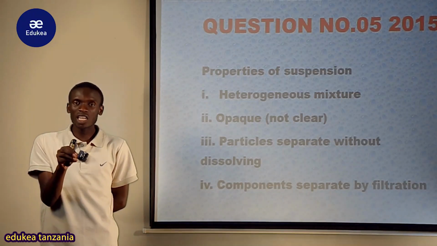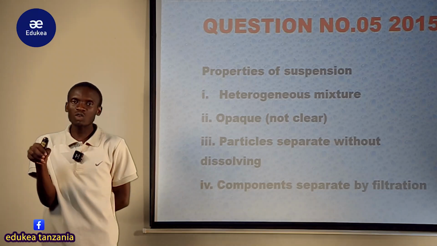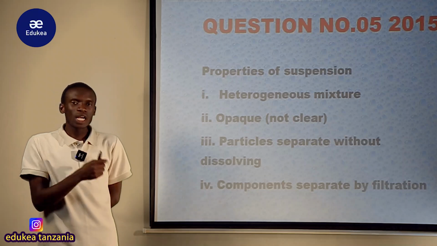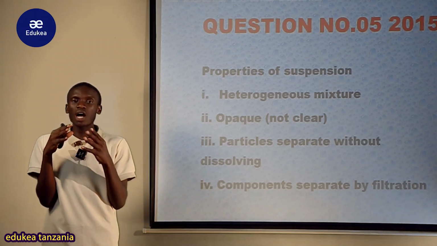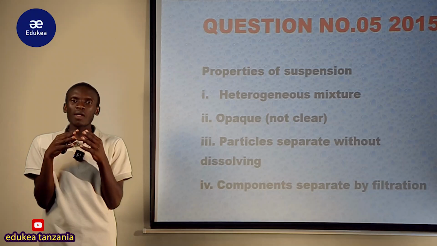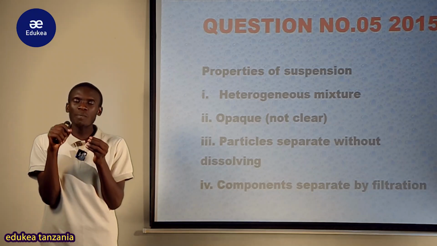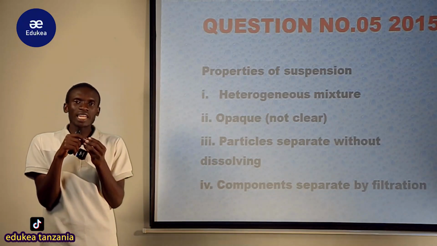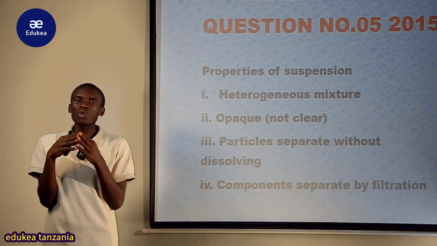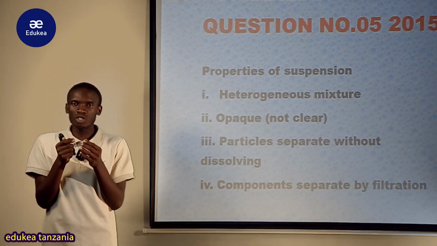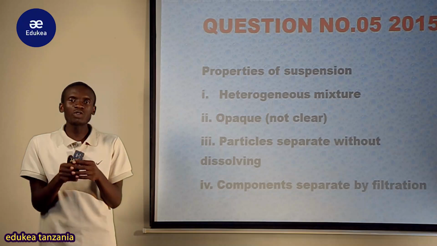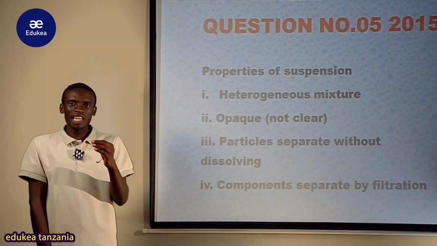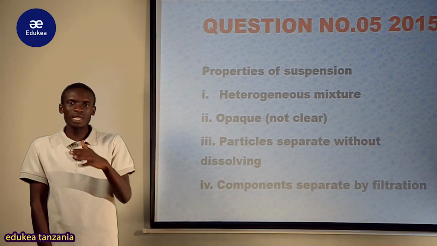Before checking the difference, let's check the properties of a suspension and of a solution. Suspensions are heterogeneous mixtures. A suspension is a mixture in which there are particles that are suspended. For example, if a medicine or drink is labelled shake well before use, that is a suspension, because the particles are suspended inside.